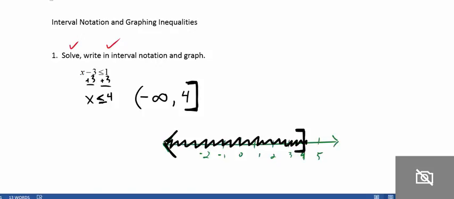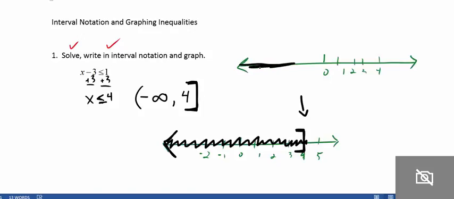But if you watch the video, they did it a little bit differently. They did not use this bracket right here. Instead, they used the circle system. Let me draw the same graph: 1, 2, 3, 4. We're still shading all the values that are less than 4, and we want to include that 4 as our endpoint.